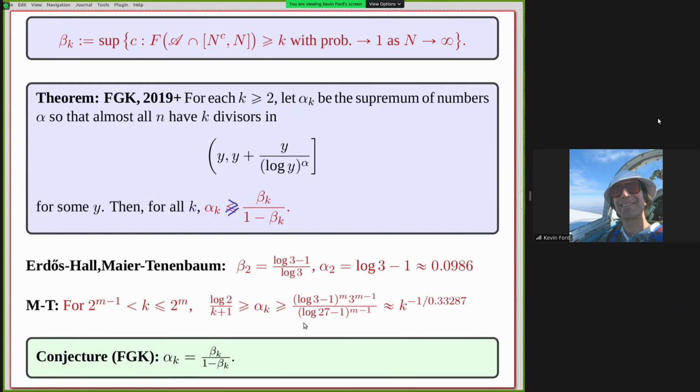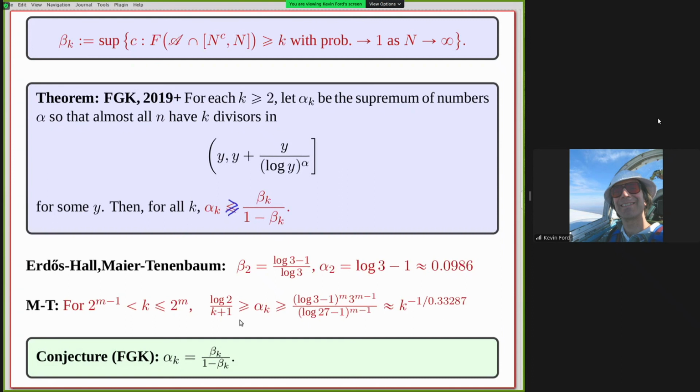For larger k, again, the Meyer-Tenenbaum work implies these bounds. And now they're a little complicated. So the takeaway here is that the upper bound is something like 1 over k, and the lower bound is 1 over k cubed, roughly. So there's a rather large gap between those.